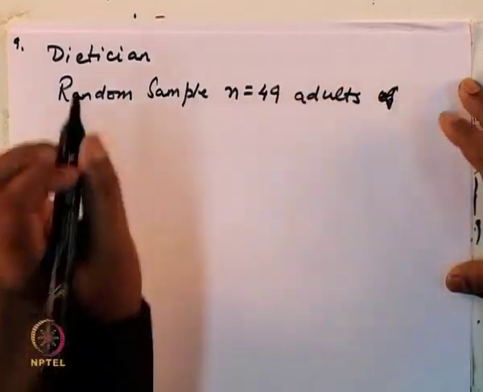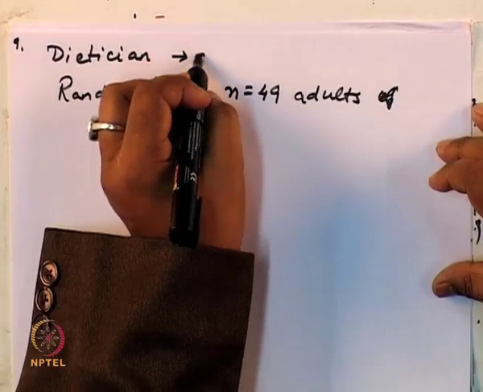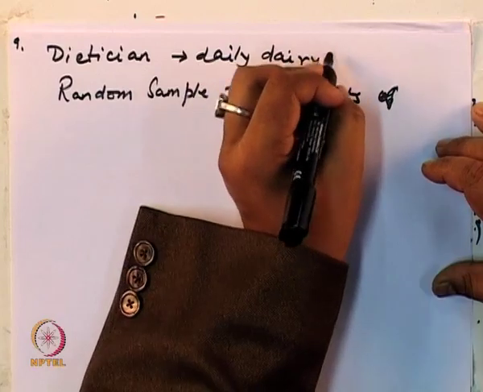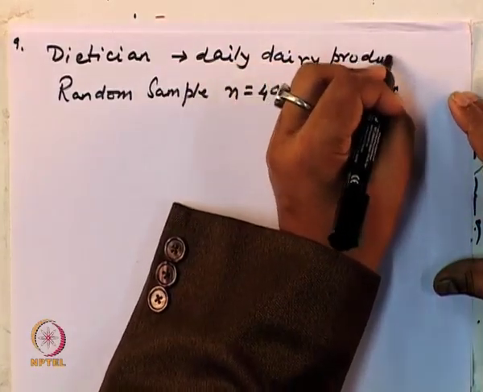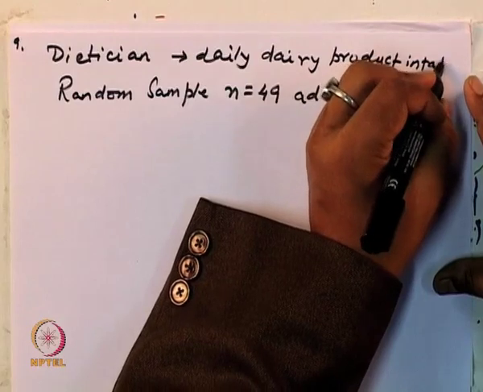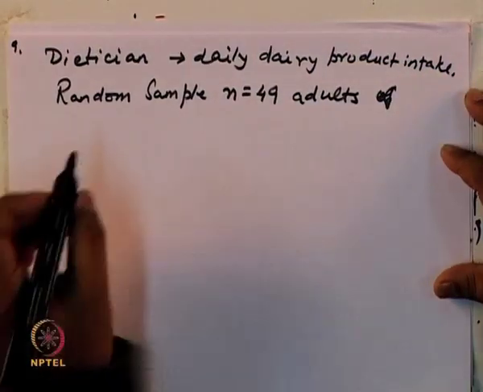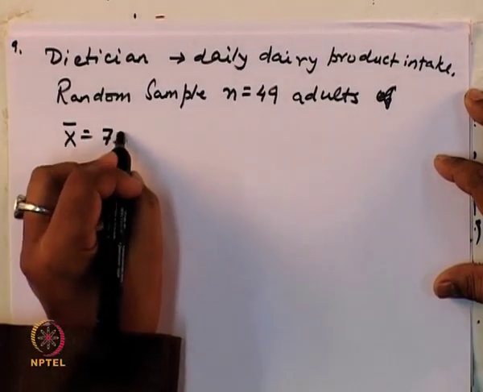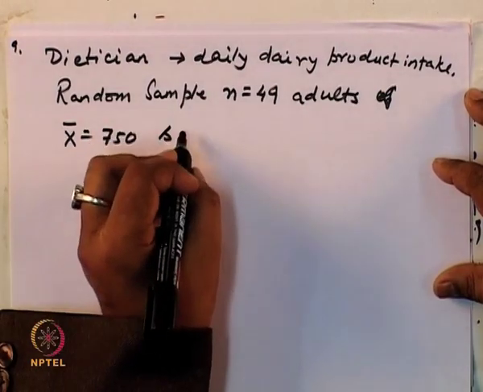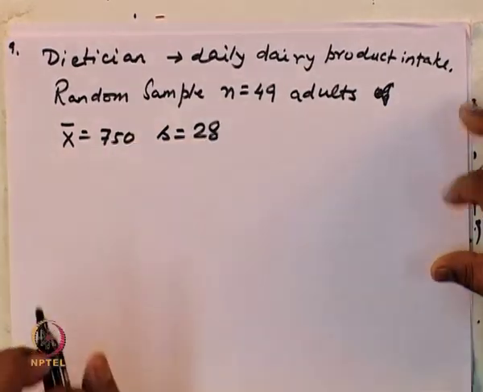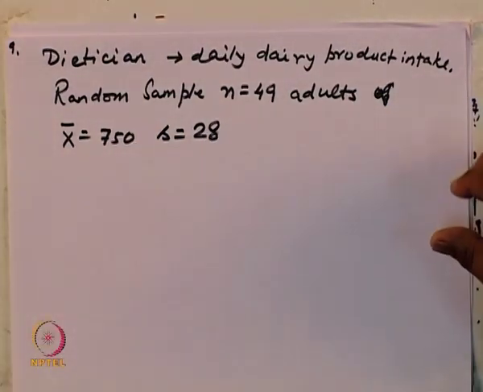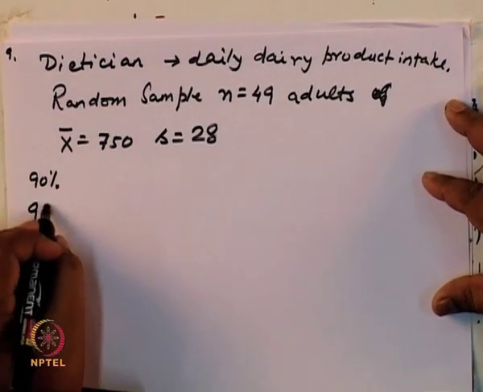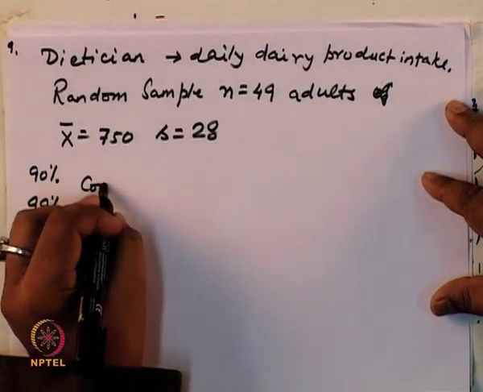So, what the dietitian is probing is the daily dairy product intake. Okay. And what it finds is, on an average, x bar is equal to 750 with a standard deviation s equal to 28. Okay. So, we want to calculate the 90% and the 99% confidence intervals.